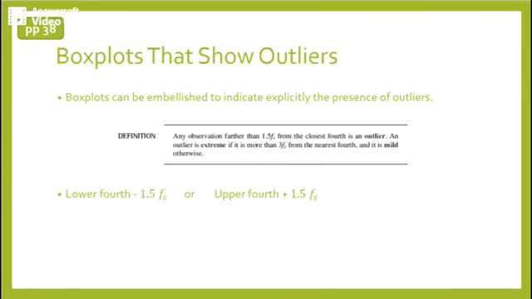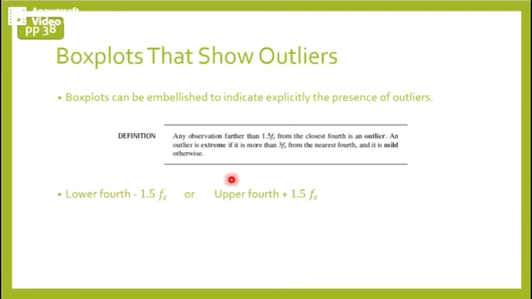We have these bounds for the mild outliers: the lower fourth minus 1.5 fourth spread, or the upper fourth plus 1.5 fourth spread. Any value smaller than the lower bound is called a mild outlier.